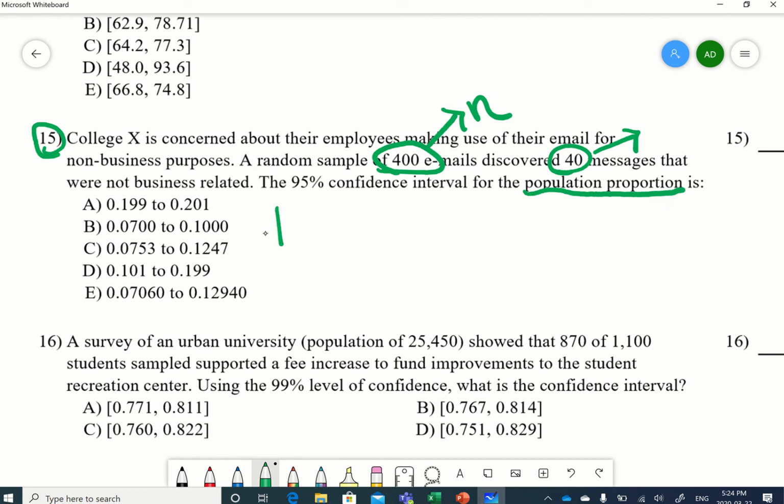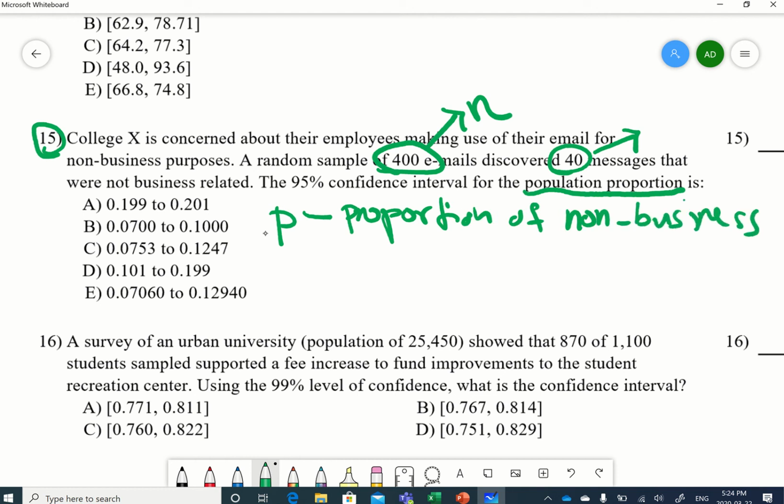If you just think about population proportion, what is it according to the question? This is the proportion of non-business related emails for this particular company, right?